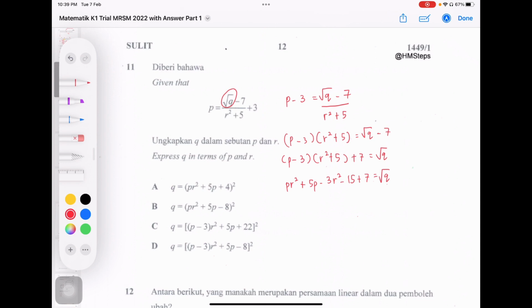You can rearrange. And then you can factor r squared.